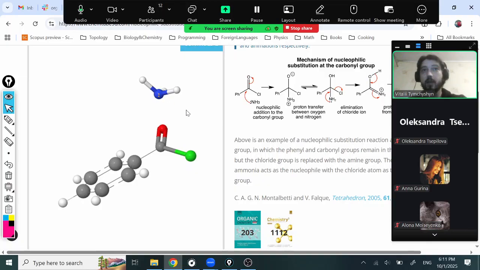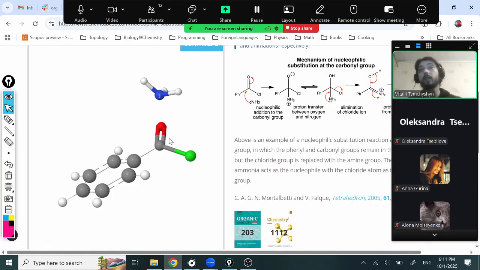You don't see that pair, but you might guess that it is localized somewhere here, in this sort of tetrahedral structure, and it will attack the carbon atom of the carbonyl group. Why? Because oxygen is electronegative, it pulls electrons towards itself, and carbon gets a little bit of plus charge. So it's pretty reasonable to try to attack that carbon atom. And if there is no steric hindrance or some other obstacles, we can basically do that.